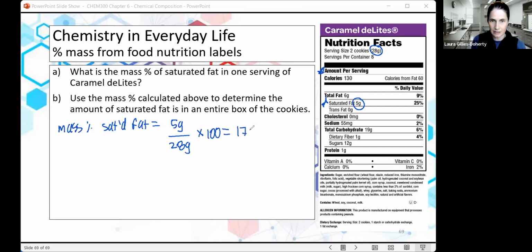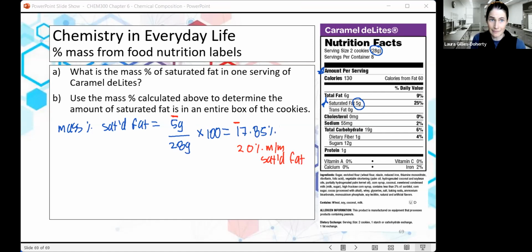So 17.85%. And food labels are terrible with sig figs. Look, they only give you 1 sig fig here, so we should really only end up with 1 sig fig here. 20% by mass, saturated fat.